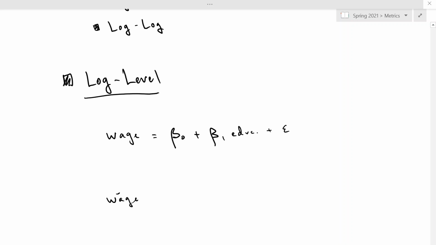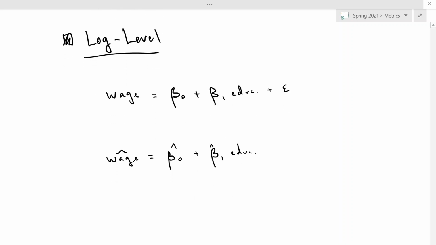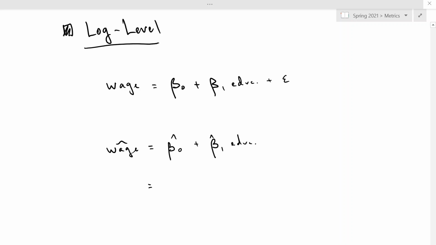The estimated version of the model is our predicted wage and our estimated regression coefficients, beta 0 and beta 1 for education. We will run this model in Python, in a separate video, and we're going to find the following results.